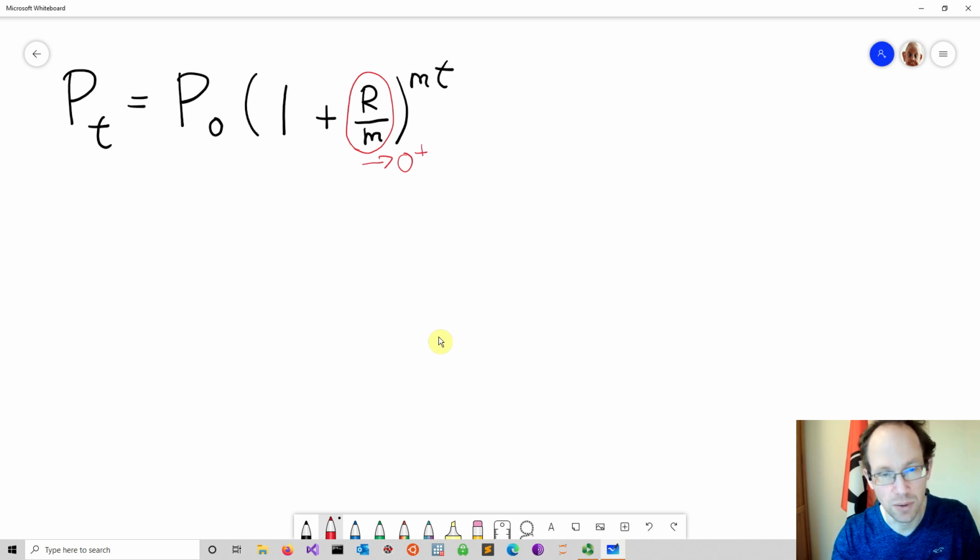So it's still positive but becomes very, very small. Now of course here you take it to the power of m, so m obviously goes to infinity, so this term becomes obviously very, very large.